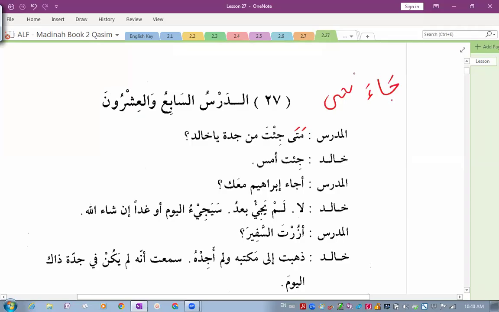Ja yajiu is to come. So ja'a, ja'u, ja'at. Remember from 1 to 5 we will put alif. Ja'a, ja'u, ja'at, ja'ata. From hunna, ji'ta, ji'tuma, ji'tum, ji'ti, ji'tuma, ji'tunna, ji'tu, ji'na.